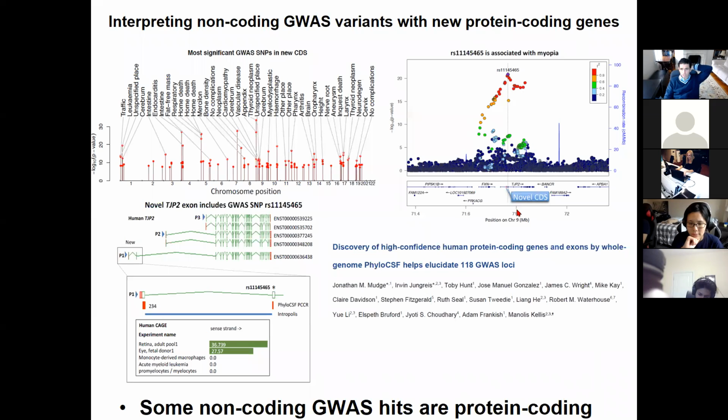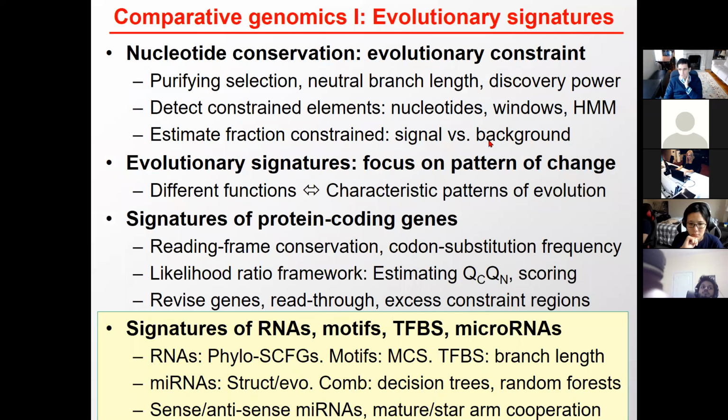Here's one example of this locus that is associated with myopia, and this gene which is expressed specifically within the retina and within the eye, suggesting that this is probably the function of that gene.